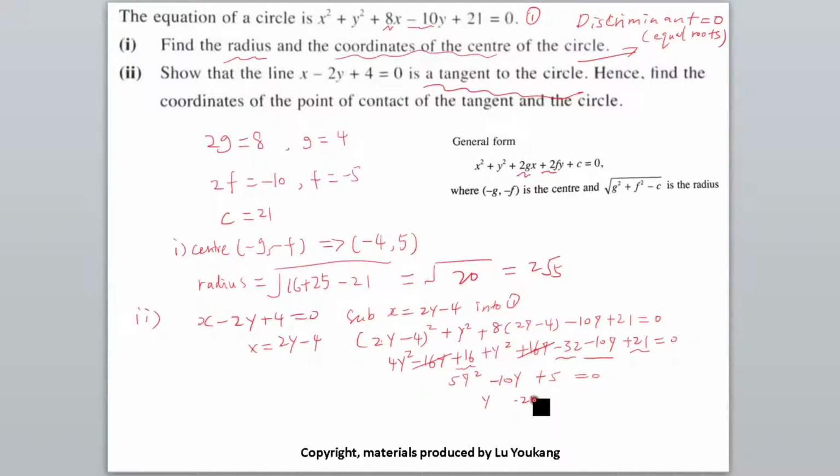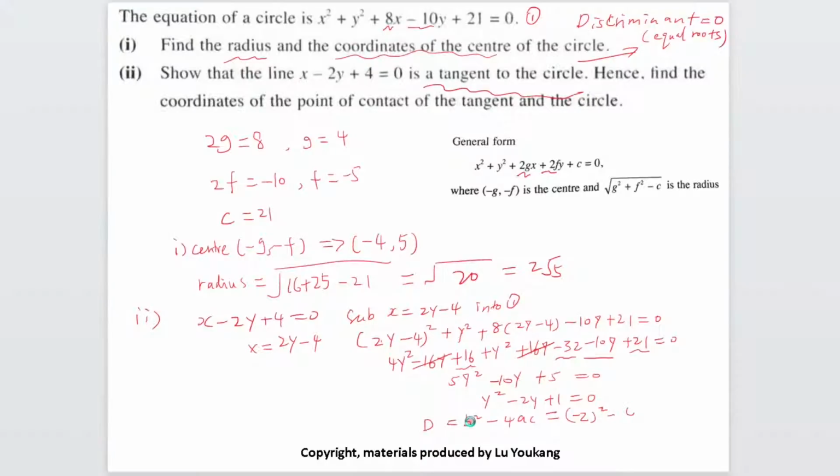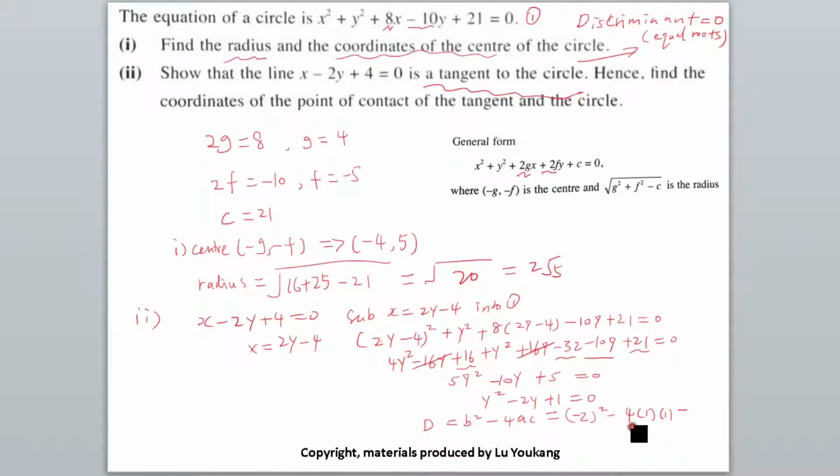You can take out the common factor 5, and you get y squared minus 2y plus 1 equals 0. Let's continue to find the discriminant. Discriminant formula is b squared minus 4ac. Sub in your a, b, and c, and you should get bracket minus 2 to the power of 2 minus 4 times 1 times 1.